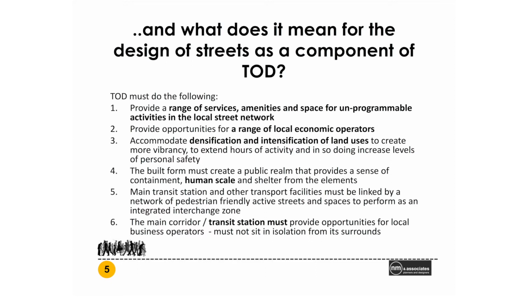Obviously, need to densify and intensify, and from a spatial perspective, that's incredibly important because we need verticality in order to start making spaces that define, contain, and make people feel safe and protected from elements. At the same time, you've got to be careful about overdoing it.